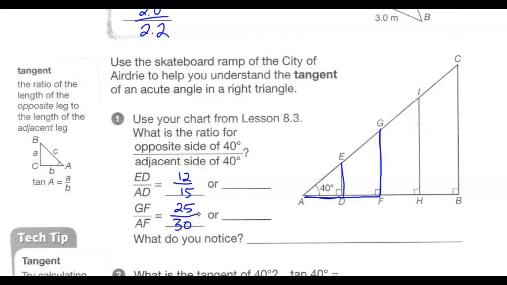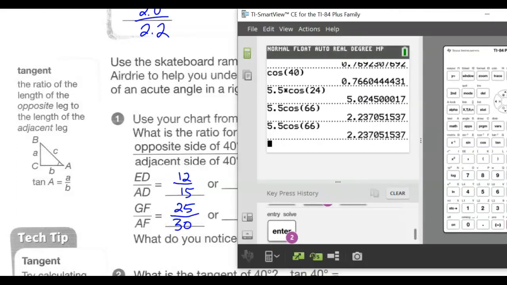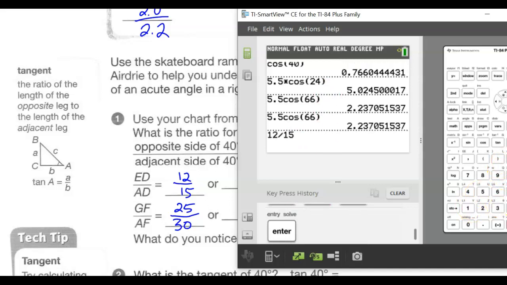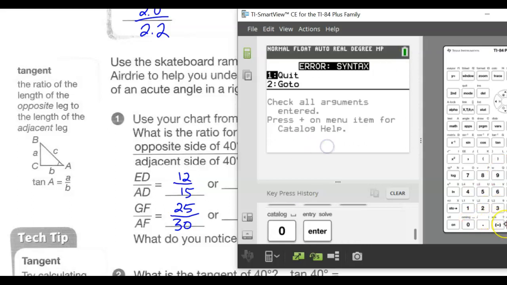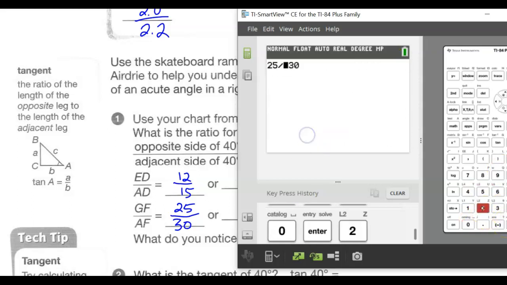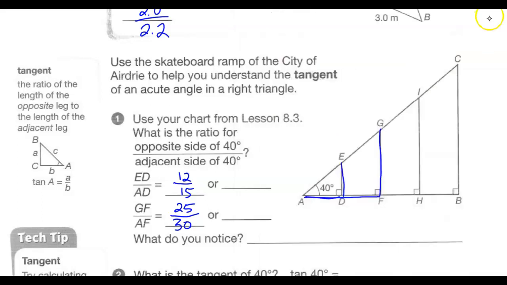And so when we find the decimal form of those, 12 divided by 15 is 0.8. 25 divided by 30 is 0.83 repeating. So this was 0.8, this was 0.83 if we round it, so they are close in value.